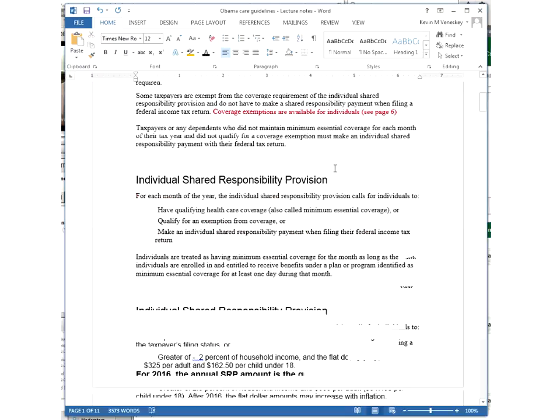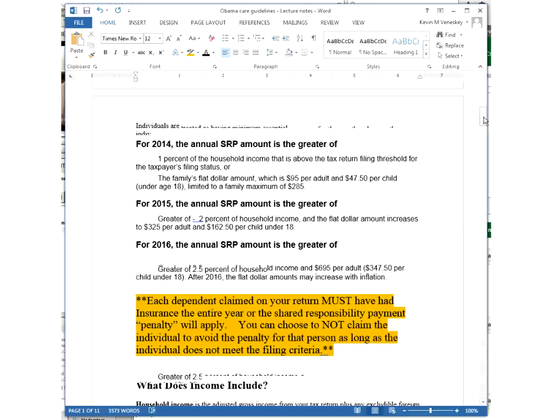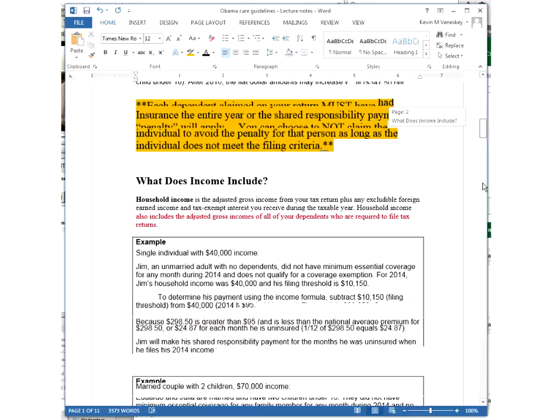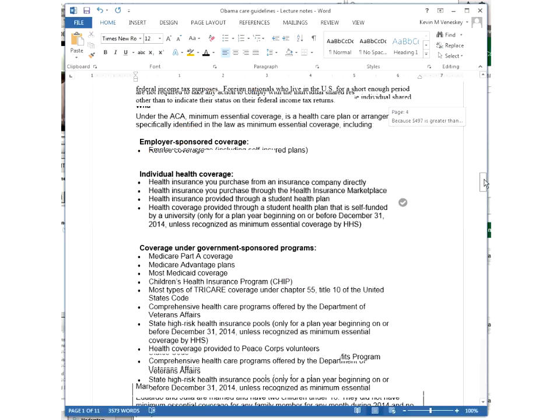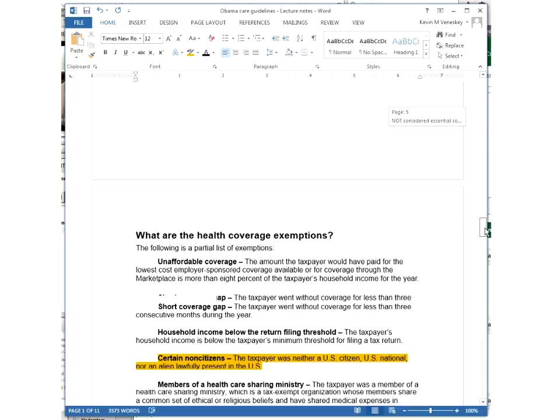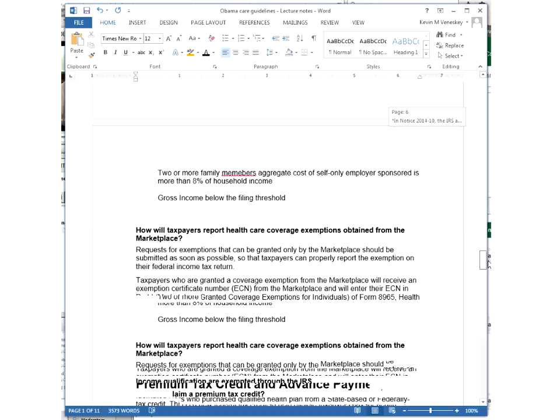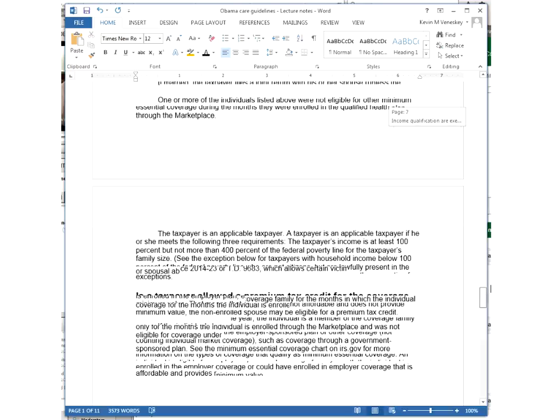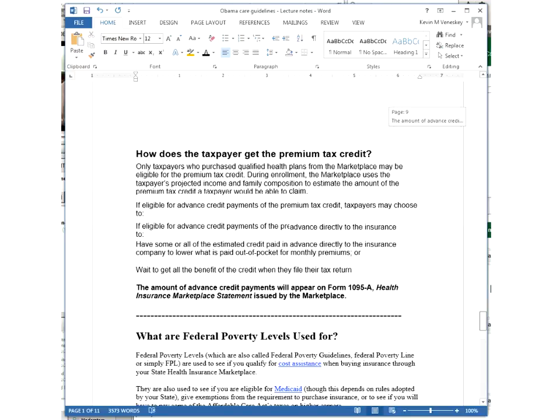If you didn't have full health insurance, then you have to file a form, and the form number off the top of my head I can't remember, but I believe it's in here somewhere. It's so new. It comes up on our software that if the person does not have full health insurance, it pops up saying you need to fill out this particular form.